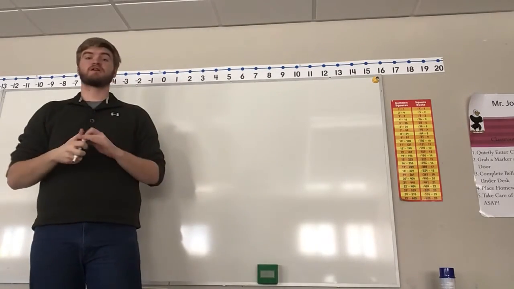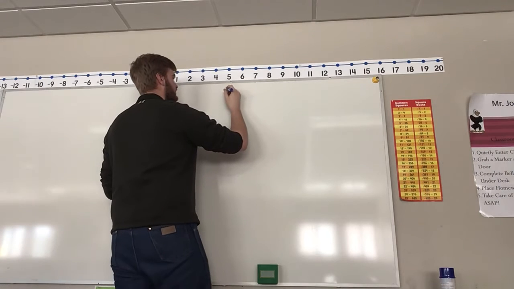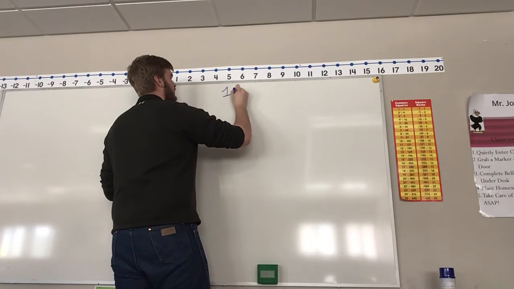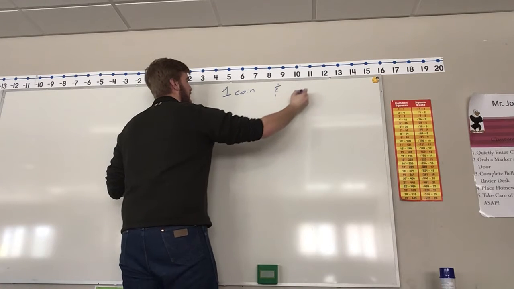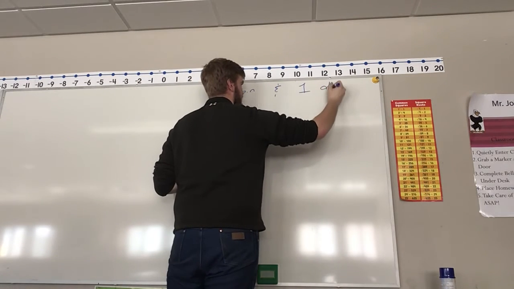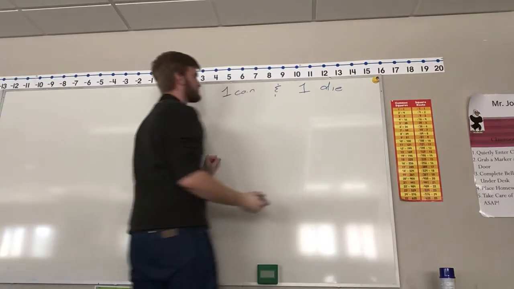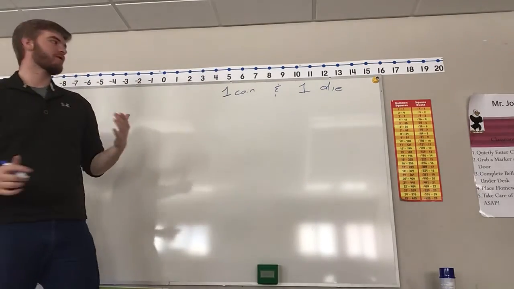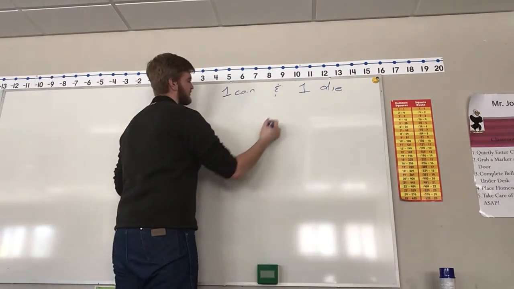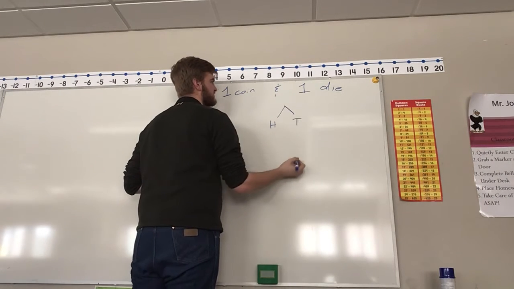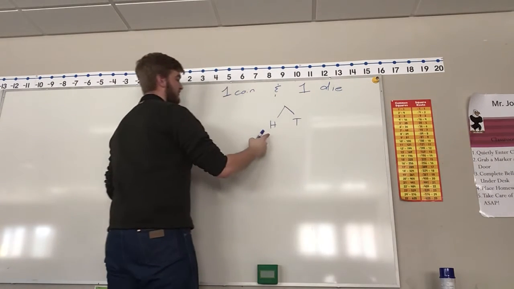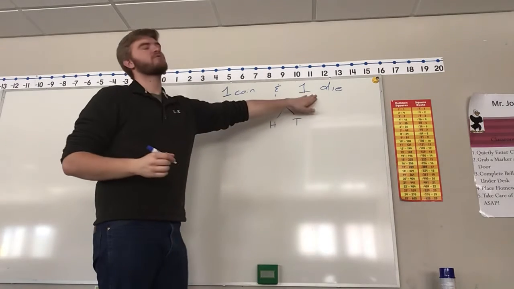Let's say this time we start with a coin. So we're going to do 1 coin and 1 die. So we're going to roll 1 6-sided cube as well as flipping 1 coin. Let's just choose the coin to start. The coin, as we know, can go either heads or tails. And then, depending on whether we get heads or tails, it doesn't matter. We're still going to roll that die.